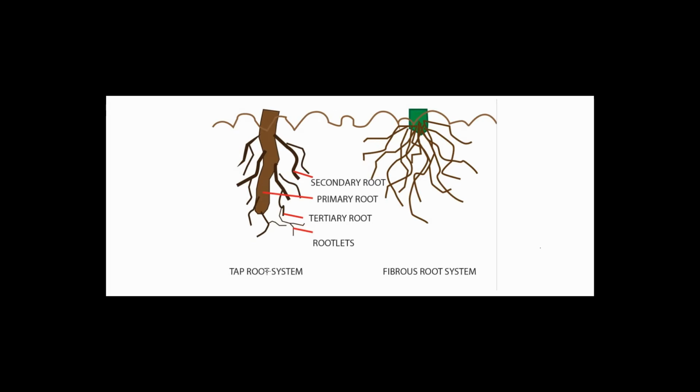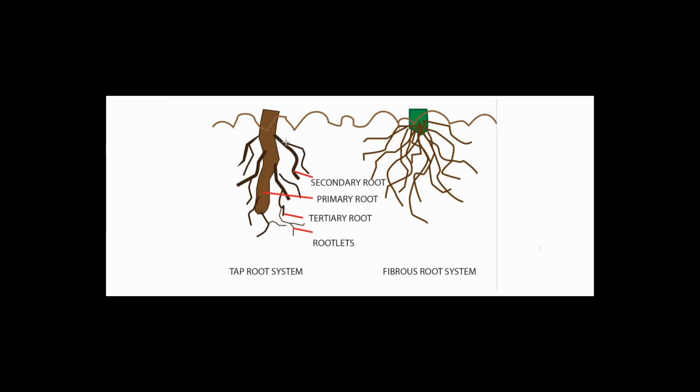It is called a taproot system because it has what we call a primary root. Compared to the fibrous root system, it does not contain a primary root. It only contains a small, slender rooting system. Compared to the fibrous root system, the taproot system also has what we call secondary roots.